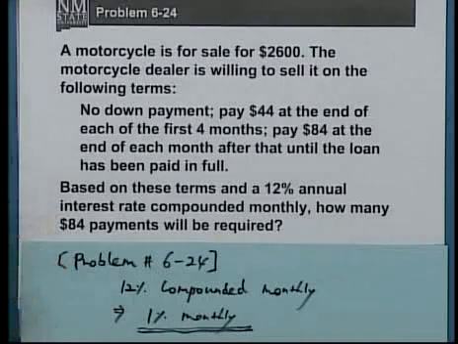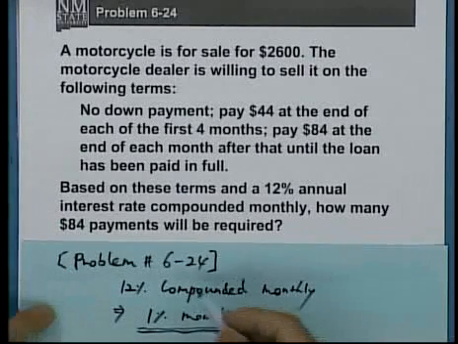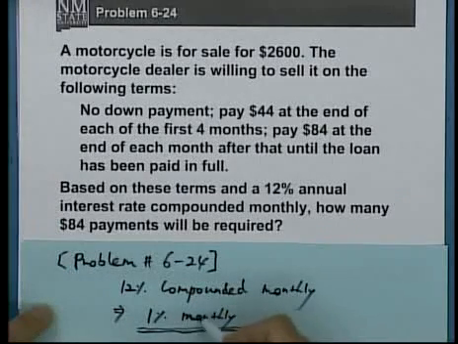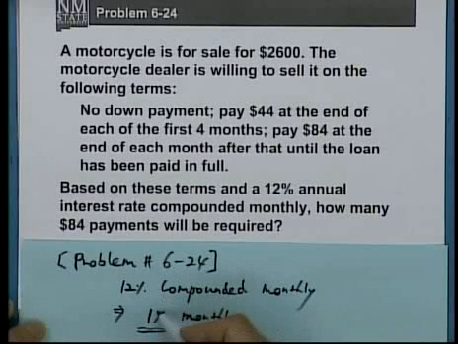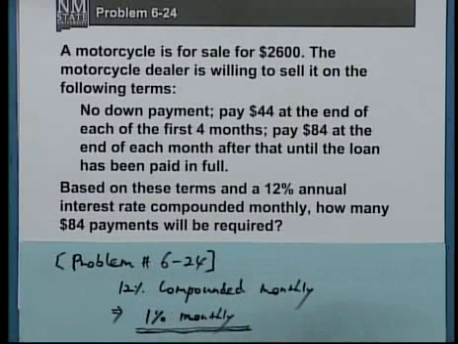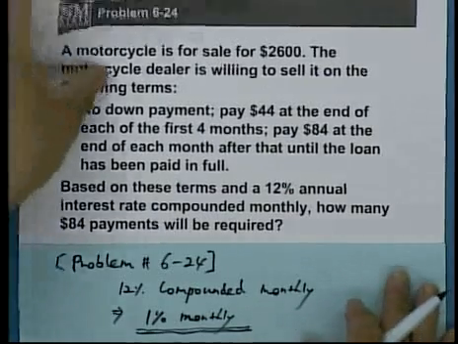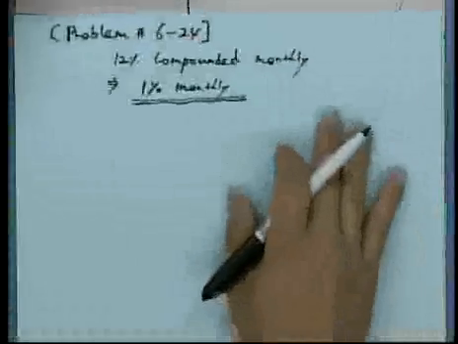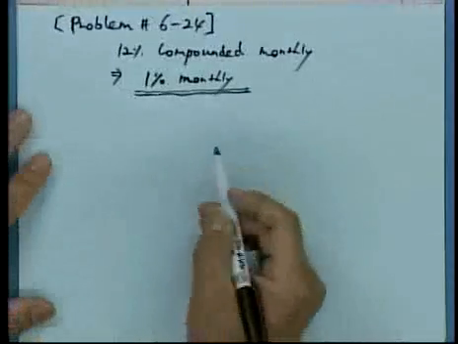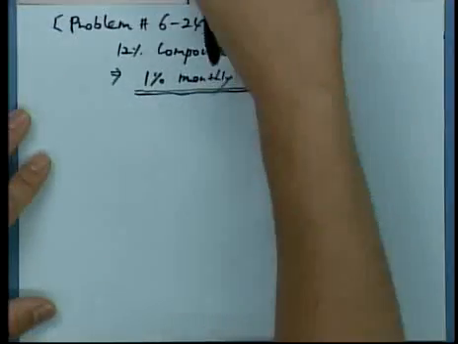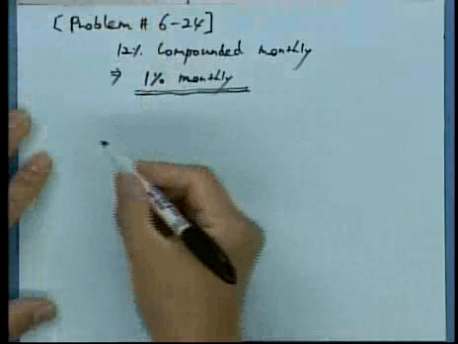So we have 1% monthly interest rate. Okay? That's what we are going to use. And let's draw the cash flow diagram to visualize the situation that we have.